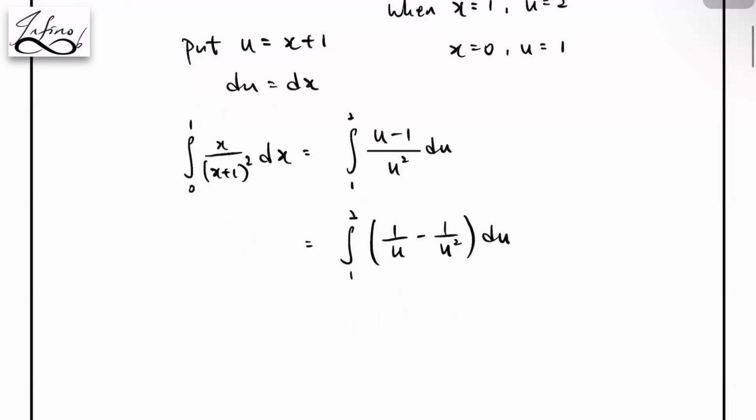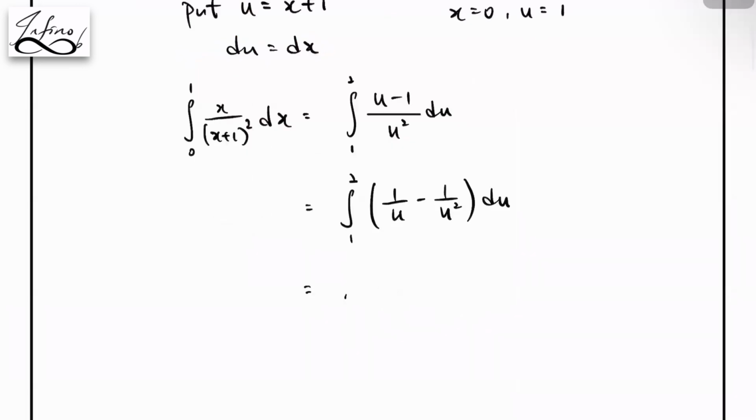If you still remember, this is simply ln u, and then plus 1 over u, because this one is just integrating u to the negative 2 du, so we simply use the power rule.